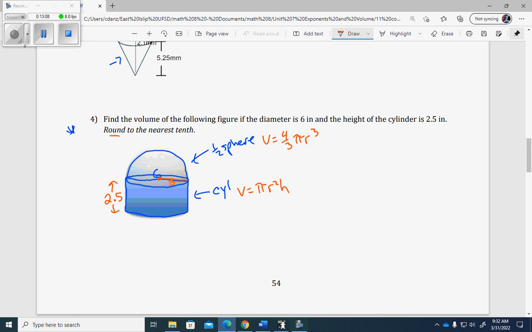It does say that we're rounding to the nearest tenth, so I will push the pi button on my screen so that I get a rounded decimal answer. So 4/3, I'll hit the pi, and for radius we're using 3.